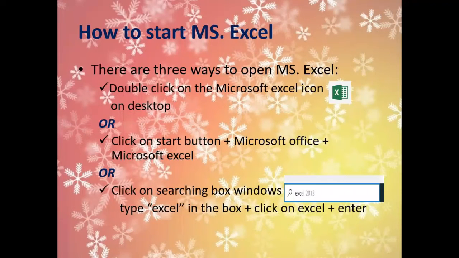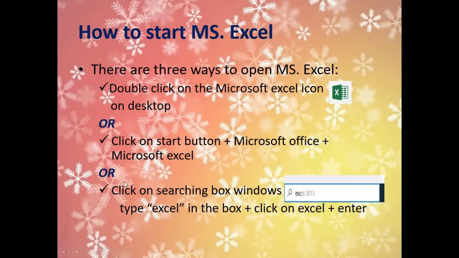Okay, how to start Microsoft Excel? You can double click on the Microsoft Excel icon on the desktop. If you have the icon on your desktop, you can double click, or right click and open. Or you can click on the start button and search Microsoft Excel.